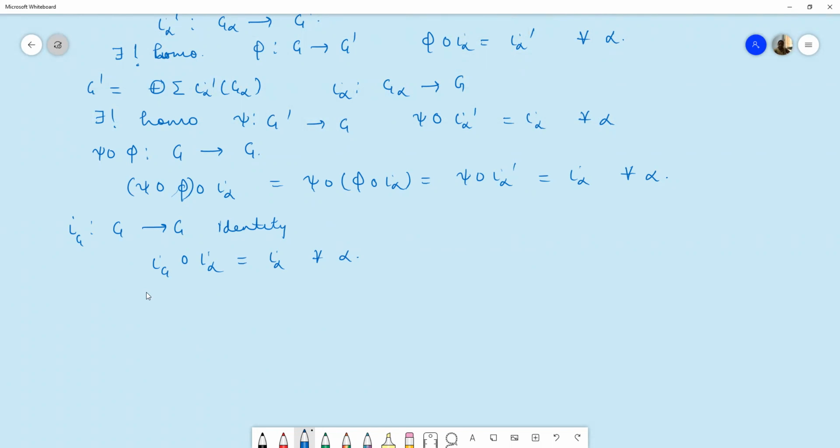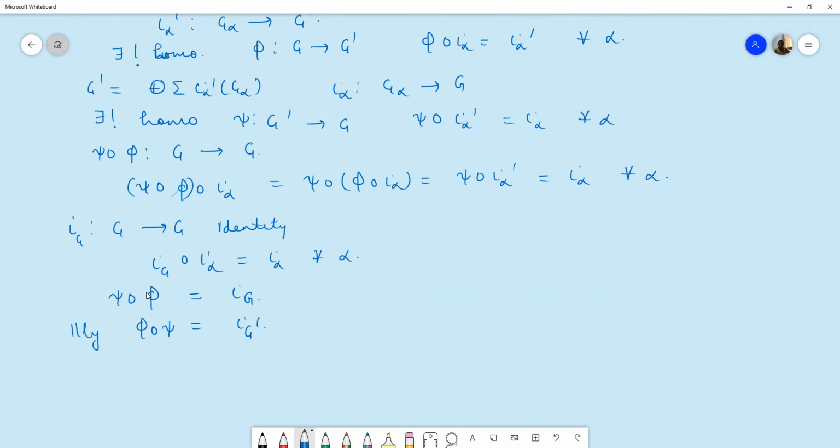So by the uniqueness part of the lemma, this psi circle phi is actually the identity map of G. Similarly, for the other part, phi circle psi is the identity map of G dash. So now we have proved that phi and psi are homomorphisms such that both compositions are the identity map. That means phi and psi are actually isomorphisms, which completes the proof of this result.